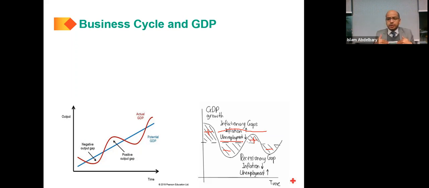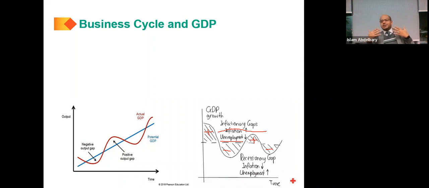The opposite: when GDP is lower than potential, the economy is slow, that means no one is working, unemployment is high, and we have a recession or are going into recession.